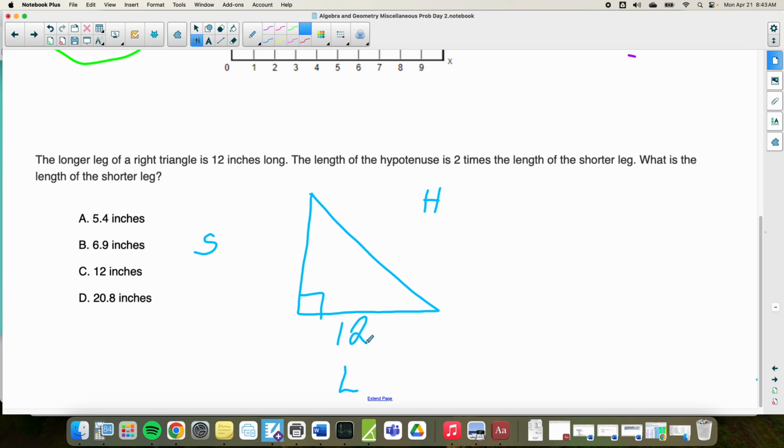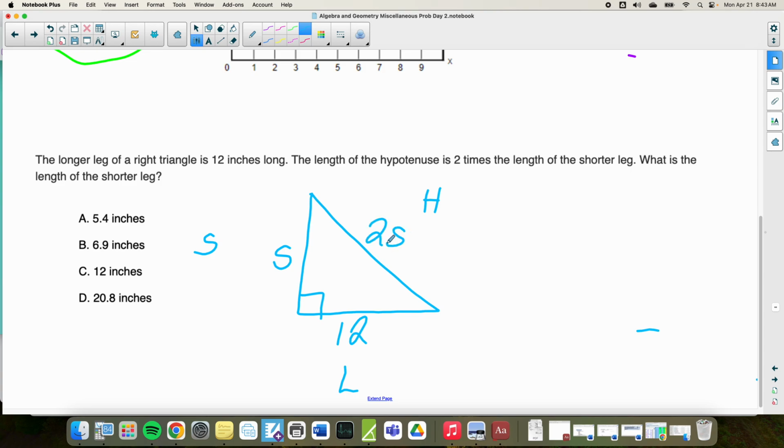Okay, then it says the length of the hypotenuse is 2 times the length of the shorter leg. Okay, so what I can do there, guys, is just use this as S. I don't know what it is, but I know my hypotenuse is 2 times that, which would be 2S.